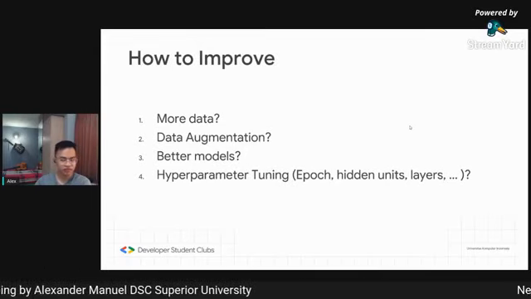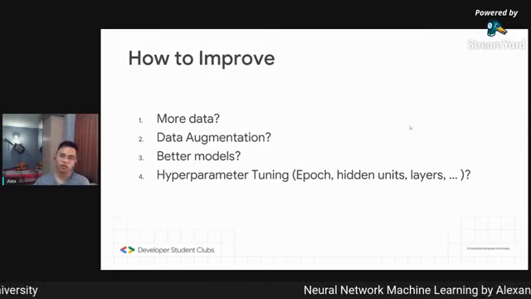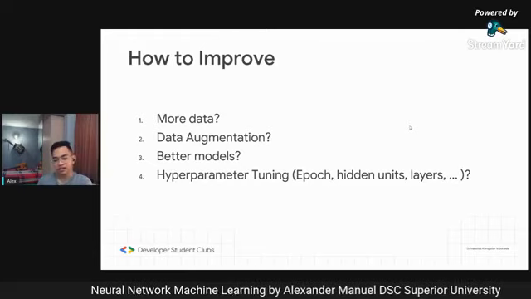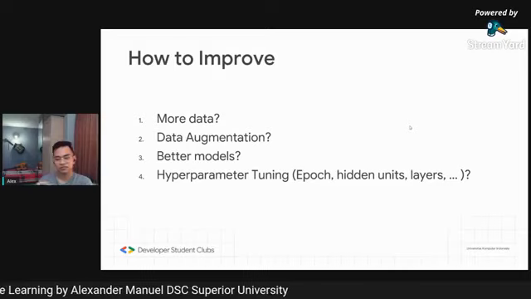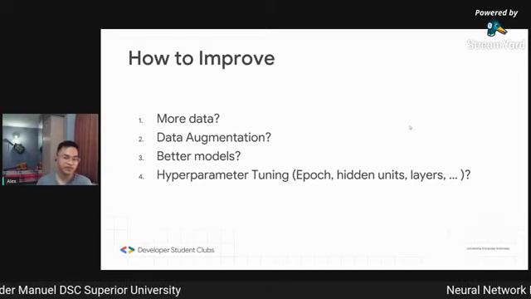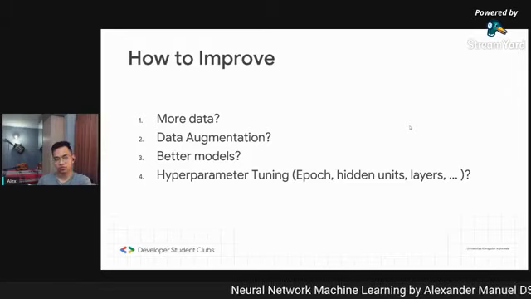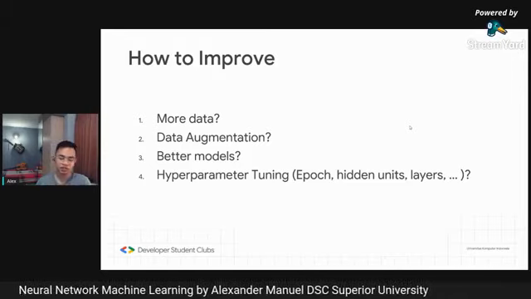Is it more data? Is it data augmentation? What is that? Data augmentation is simply when you rotate the image, because it tends to behave differently. In our human eyes it's really good.